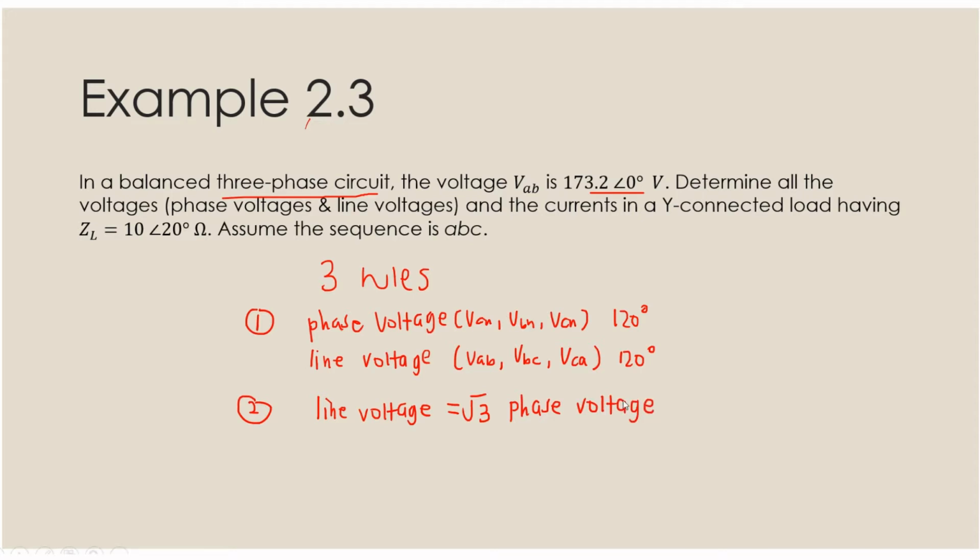Rule number 3 says the line voltage will always lead the phase voltage by 30 degrees. So you have to remember these three rules. By remembering these three rules, you can solve example 2.3.